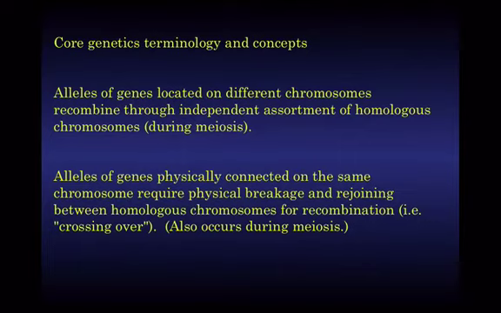On the other hand, alleles of genes that are physically connected on the same chromosome require some sort of physical breakage and rejoining of that chromosome in order for recombination to take place. So that's a physical event called crossing over, which has a genetic consequence of recombination.